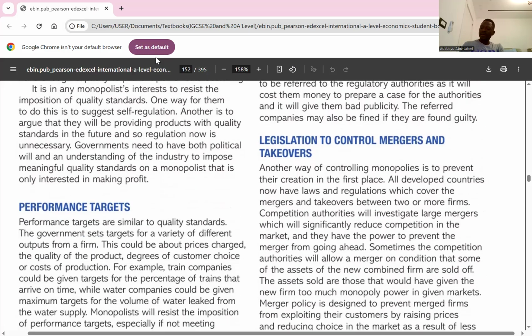The next one is legislation to control mergers and takeovers. Government can also use legislation, which are laws and policies, to control mergers and takeovers. Note, when a merger occurs, the first thing that it brings is reducing the choice for customers. So government would not have an issue when the merger does not bring about customer exploitation. But if it brings about customer exploitation, government would ensure that the merger doesn't hold.